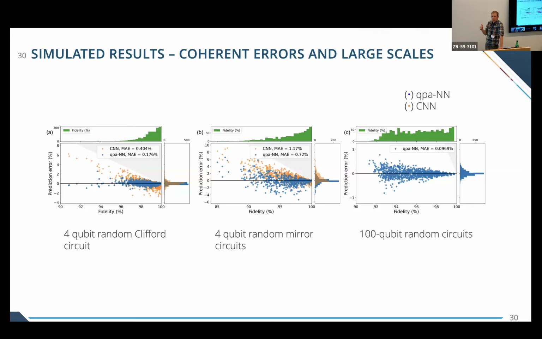And we see that we do a little bit worse on these, but we still have relatively decent predictions. And then finally, we've done a simulation with 100 qubit random circuits, and we're able to make predictions here. So this is the first time we've really been able to do something that looks like tomography on 100 qubit systems.